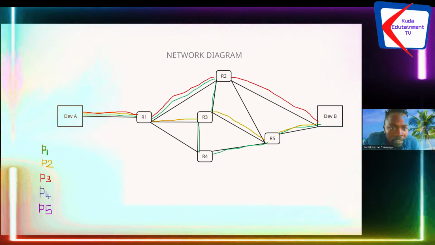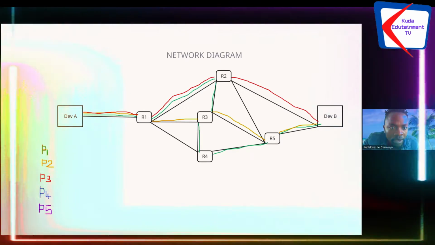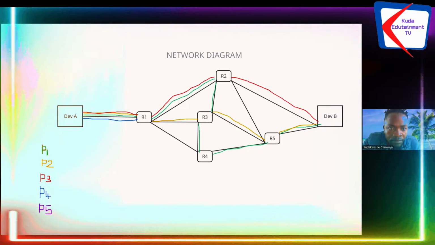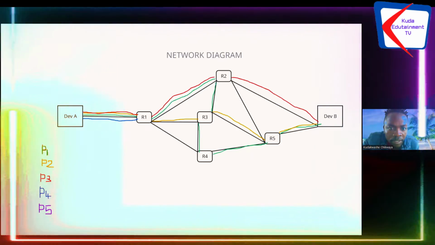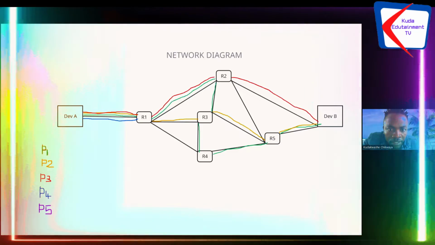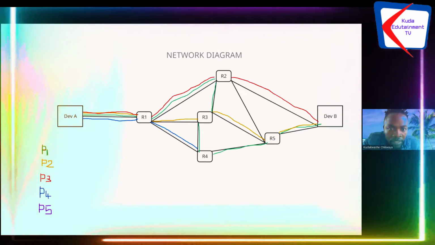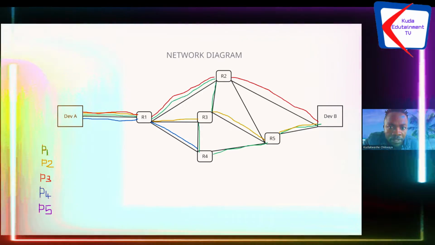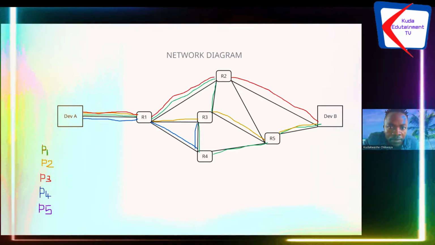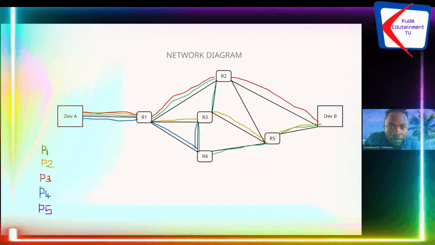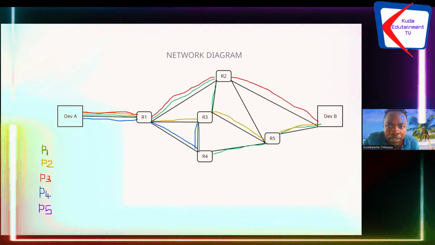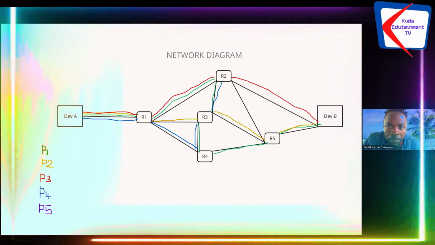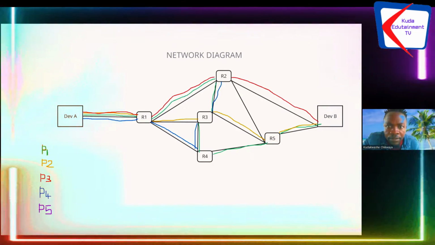Our fourth packet goes to router 1, then to router 4. From router 4, it goes to router 3. From router 3, it goes to router 2. Then from router 2, it goes to the receiving device.